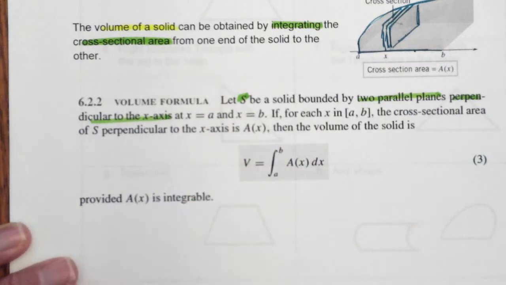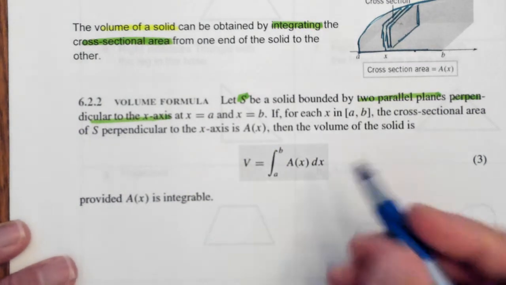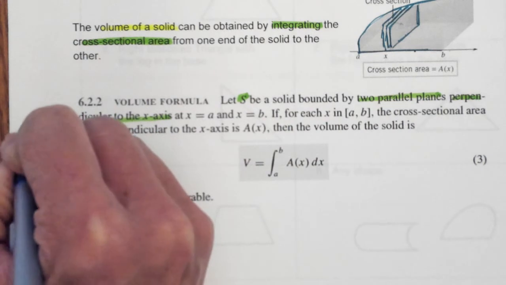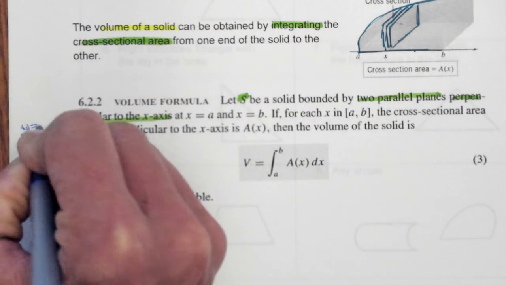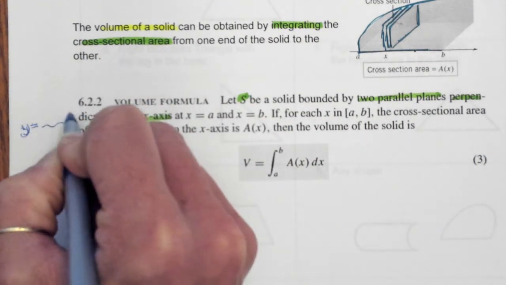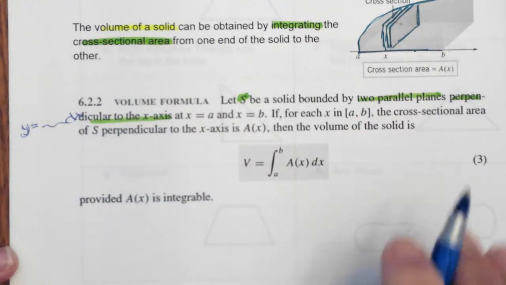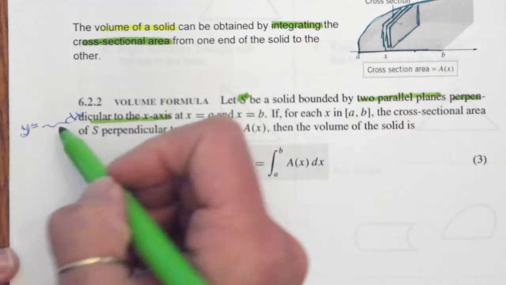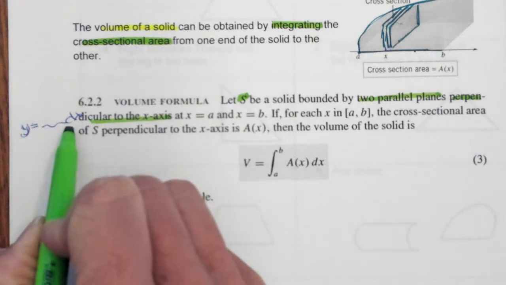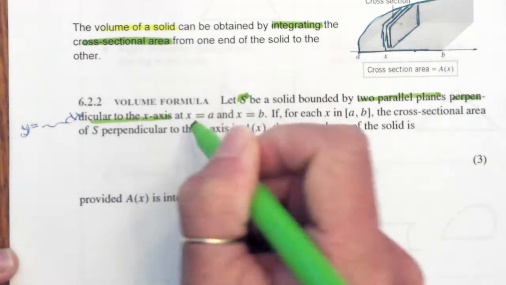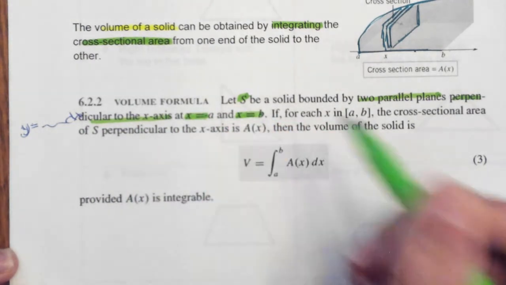Okay, so what that means is perpendicular to the x-axis means that we would have y is equal to something, and it's going to be a dx problem. Okay, so y is equal to some given function, and this will be a dx problem, and then you have your bounds of x is equal to a and x is equal to b.